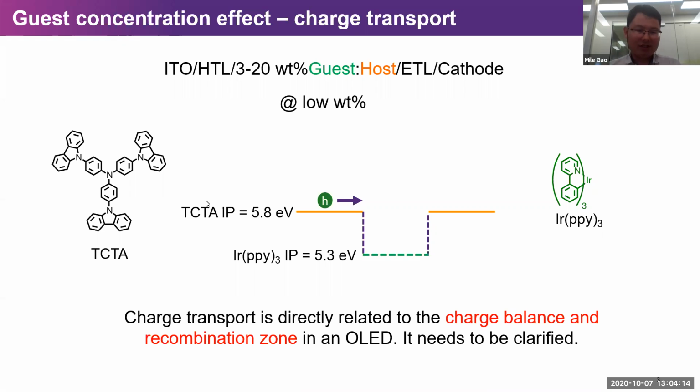Another commonly used emissive material, RP, has an IP of 5.3. So when RP is blended into TCTA, it would be expected to act as a trap for hole transport. It can be predicted that these traps will more or less hinder the hole transport.